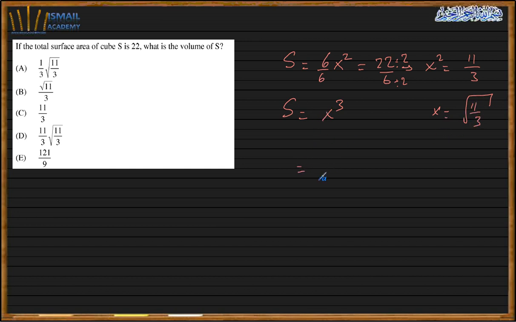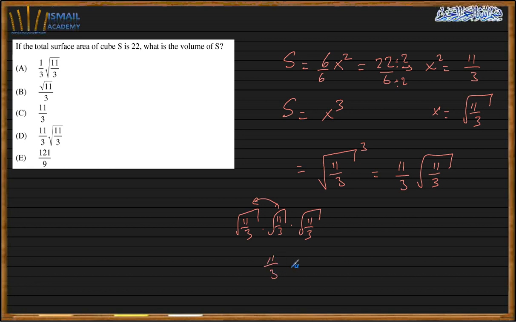So this is the same thing as the square root of 11 over 3, cubed, which is the same thing as 11 over 3 times the square root of 11 over 3. So this is the same thing as the square root of 11 over 3 times the square root of 11 over 3 times the square root of 11 over 3. Those two together are going to give me 11 over 3, but this one has nothing, it's by itself, so it's going to be this way. So this is why I move from here to here. So D is my answer.